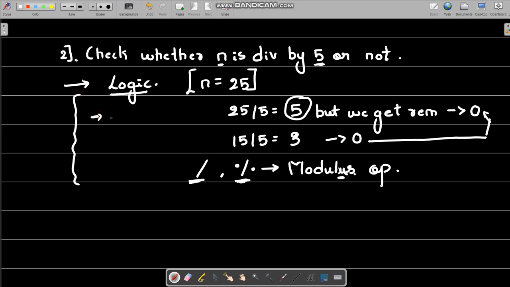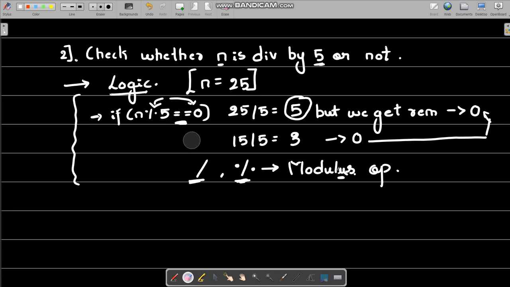So the logic goes here: if n modulus 5 double equals 0. Why double equals? Because the value of this is being compared to this. If we just add a single equals, the value is assigned to this, and that's not what we want.